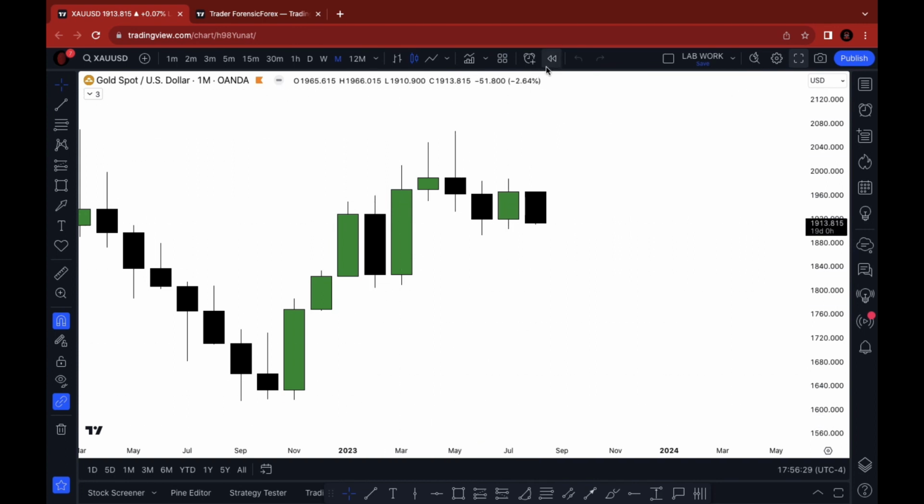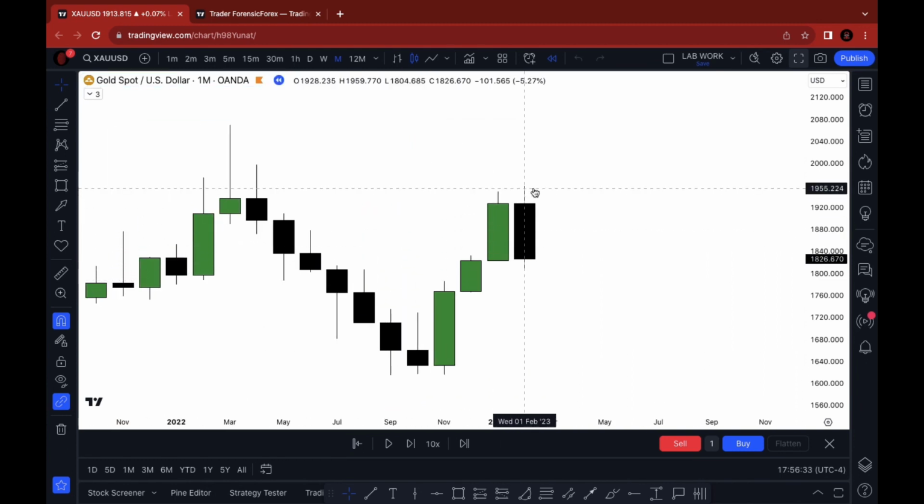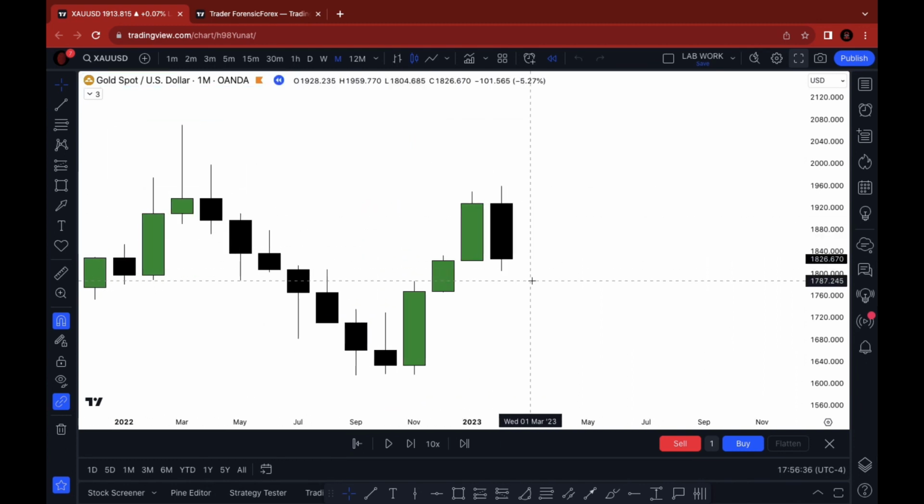If we bring it back to February, we could clearly see with hindsight, it's a bearish month. Price opens here, runs up, creates a high point, comes down back to the open, and then creates range expansion all the way down. It's going down, down, down, down.